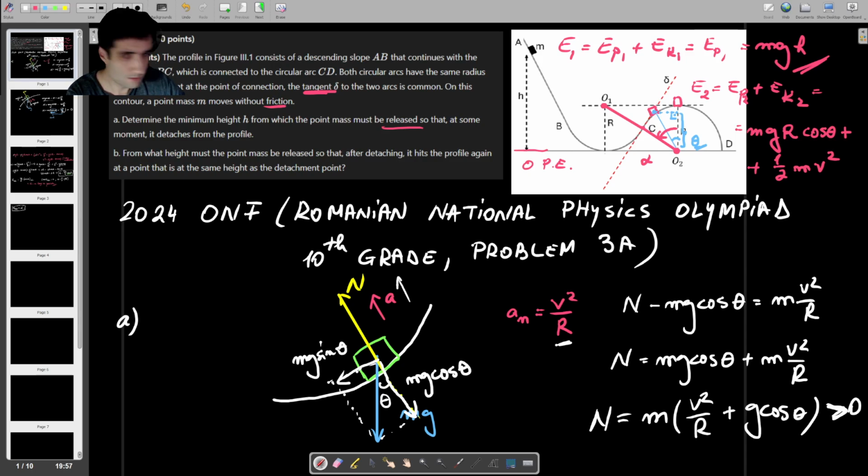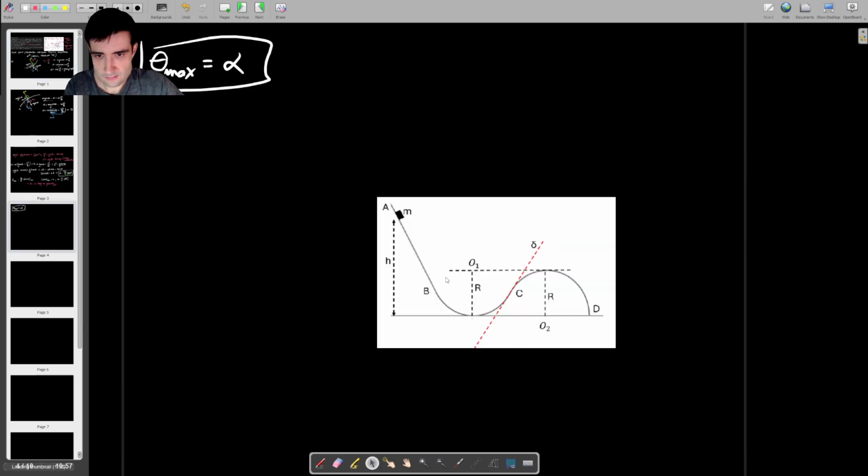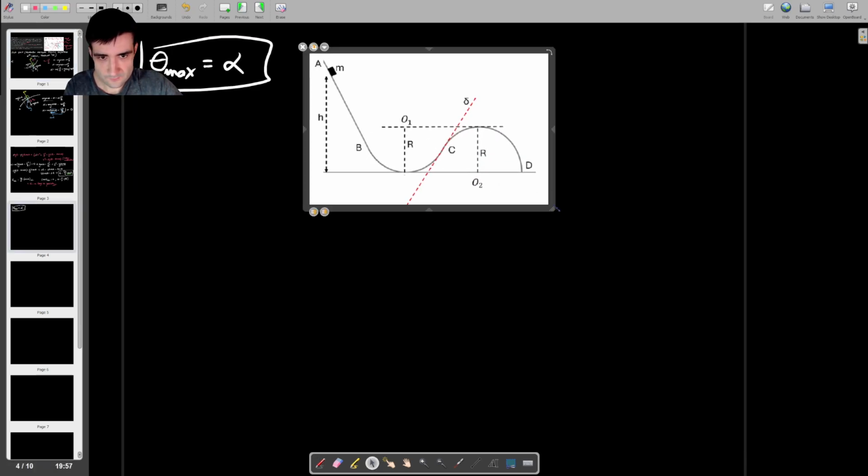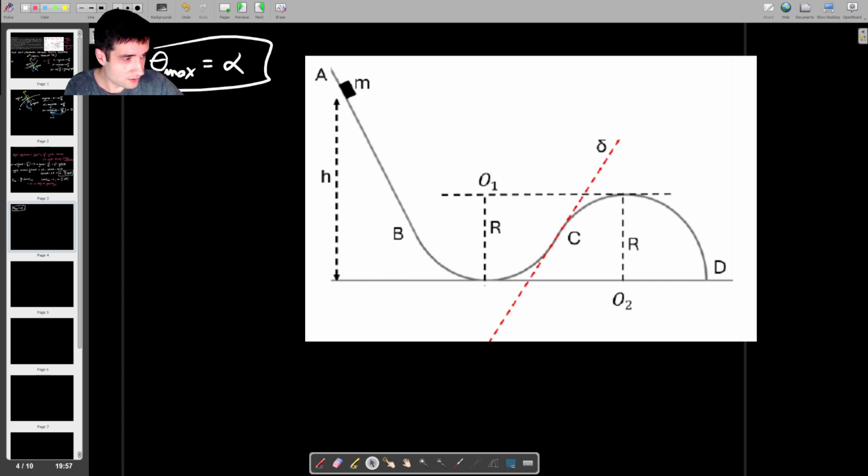So let me bring this here again and try to examine things a bit closer. If I join those centers, I get point C. My goal is to find the angle alpha, and I think we can do that quite easily, because we know that this is a right triangle, we know the hypotenuse, which is 2r, and we know that angle alpha is here as well.